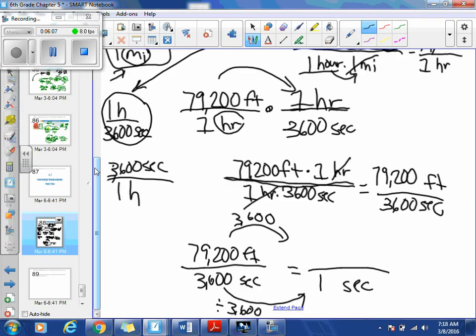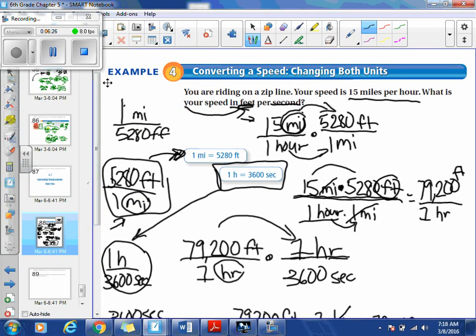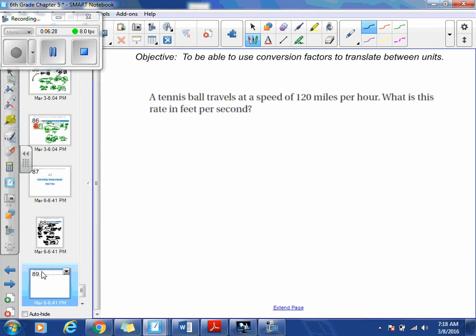And if you do that to the bottom, you should also do that to the top. So then I have 79,200 divided by 3,600, which gives me 22. So that zip line goes 22 feet in 1 second, which is kind of crazy to me. That is a little scary. But 22 feet per 1 second is our answer.